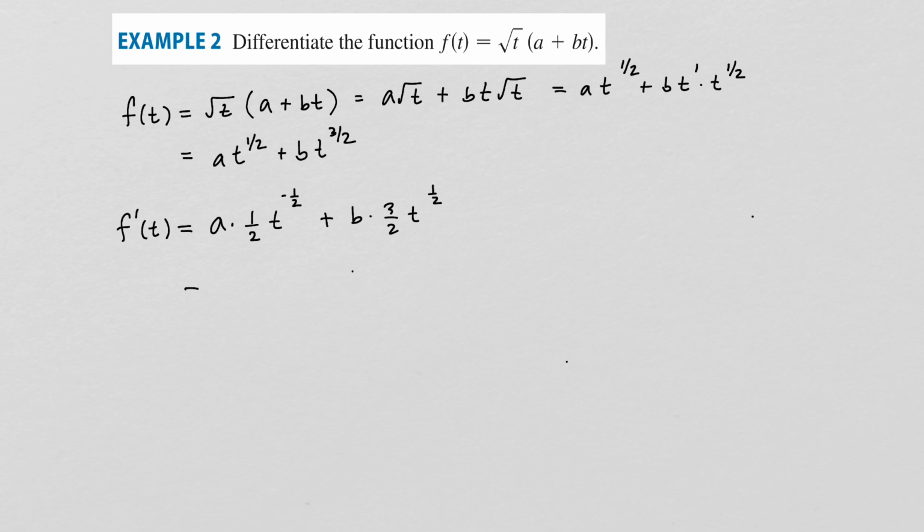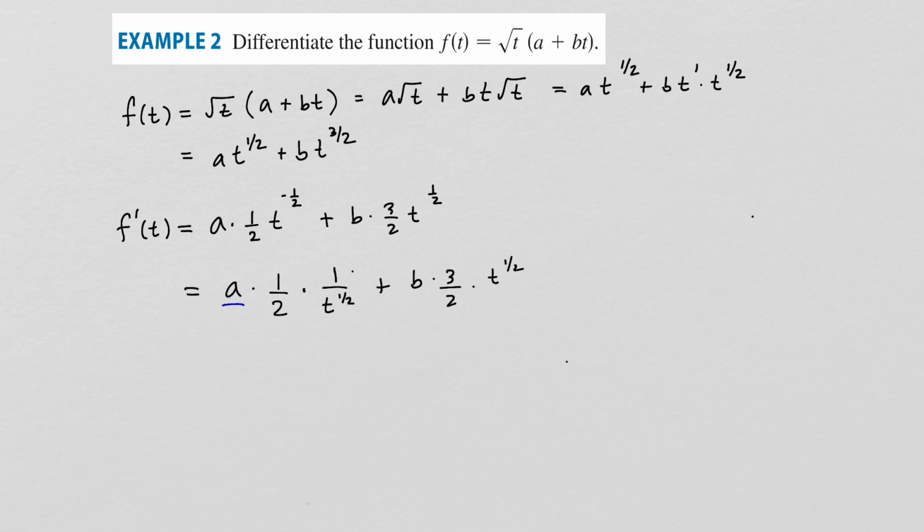And now if I simplify this, I have a times 1 over 2 times 1 over t to the 1/2 plus b times 3 over 2 times t to the 1/2.